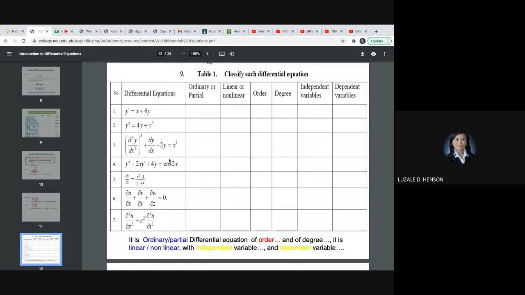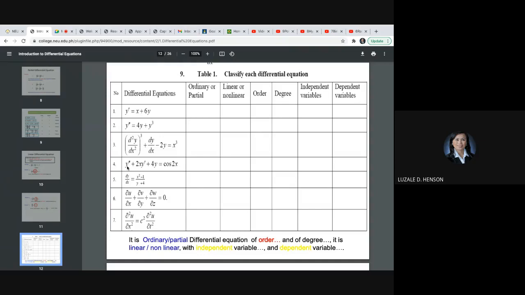You look at number 3. Is it linear? So how about going back to number 4? Is it linear? Anyone who would like to answer? Is number 4 linear? The cosine, ma'am. Yes. Okay, take a look.